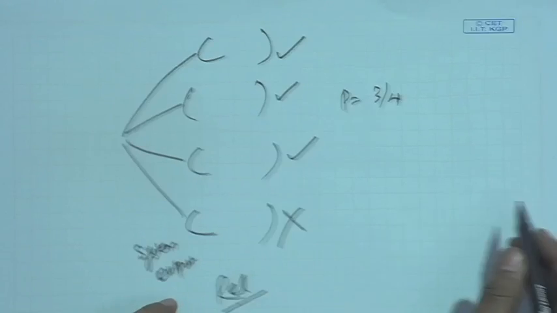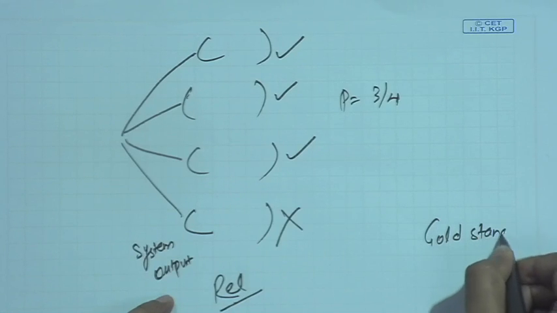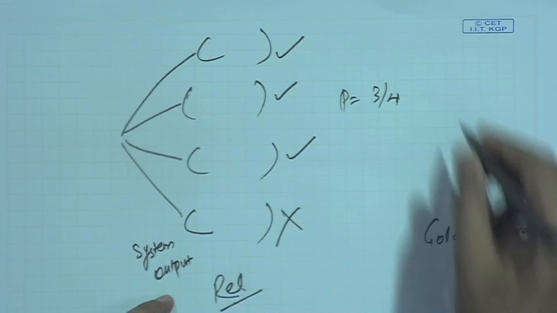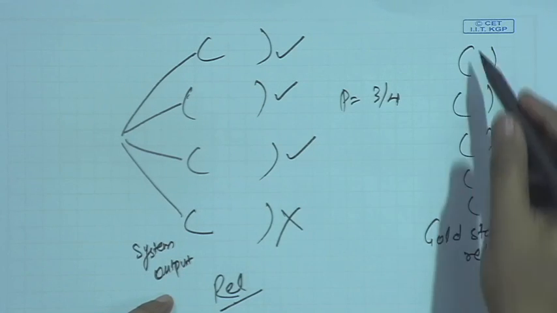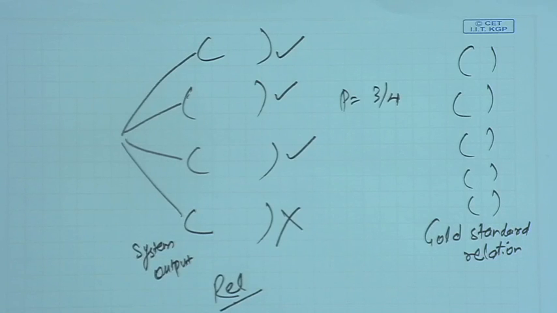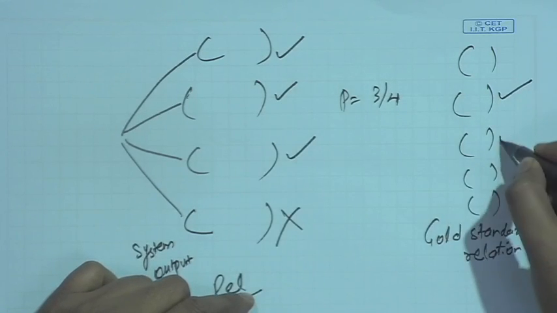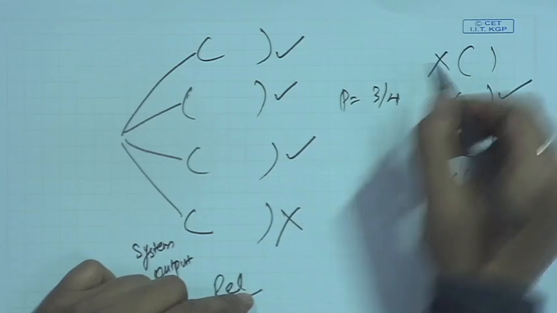In recall, I will look at the gold standard relations. Suppose in my gold standard I had 5 entity pairs, and I know these entities are connected by this relation. Suppose my system has found 3 of them, this, this and this, but could not find this and this.